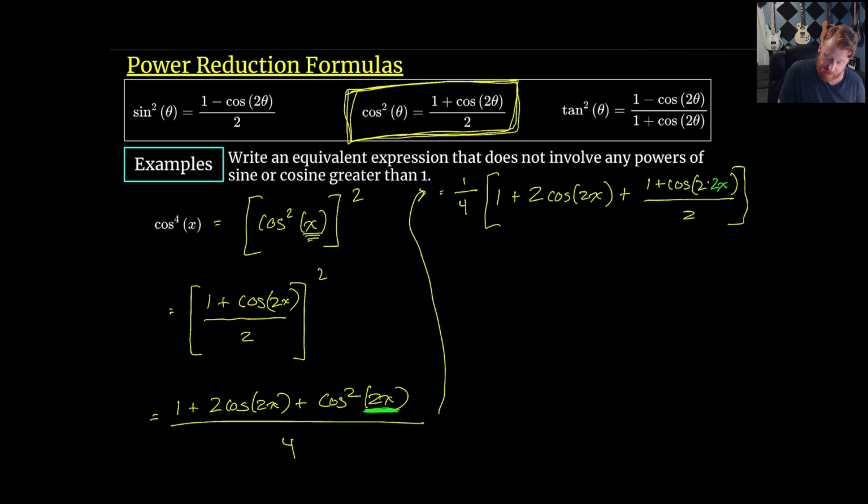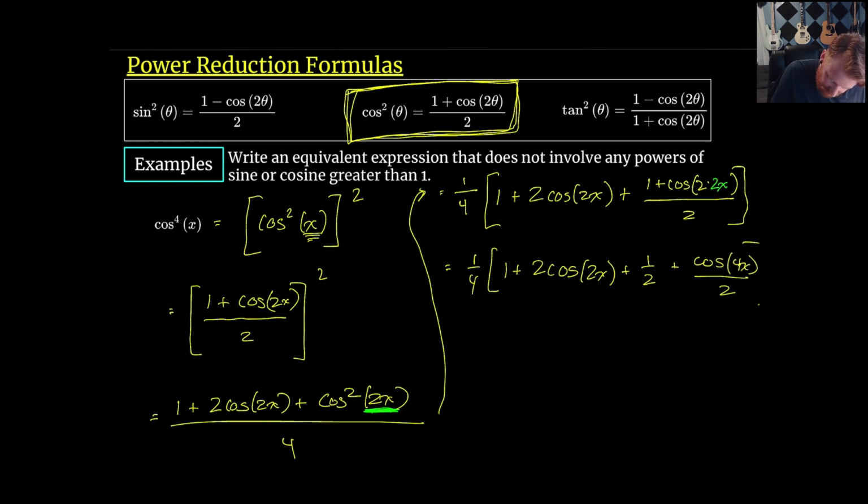So now if I try to simplify that inside a little bit, I'm going to get 1/4 times 1 plus 2 cosine of 2x plus 1/2 plus cosine of 4x all over 2. Okay, I've got things written out somewhat nicely here.